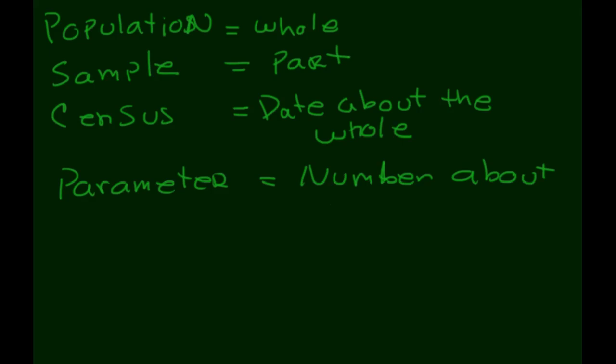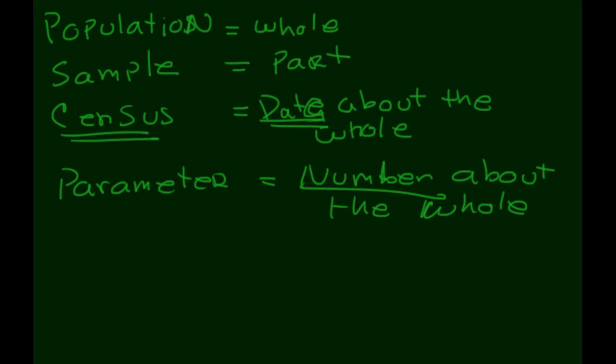So this is some sort of numerical measurement about the whole population. So I have a number about the whole. Here, this can be like a set of numbers. This can be more than one, and the census doesn't have to actually even be a number. It can just be a set of information. The parameter is a number about the whole, okay?